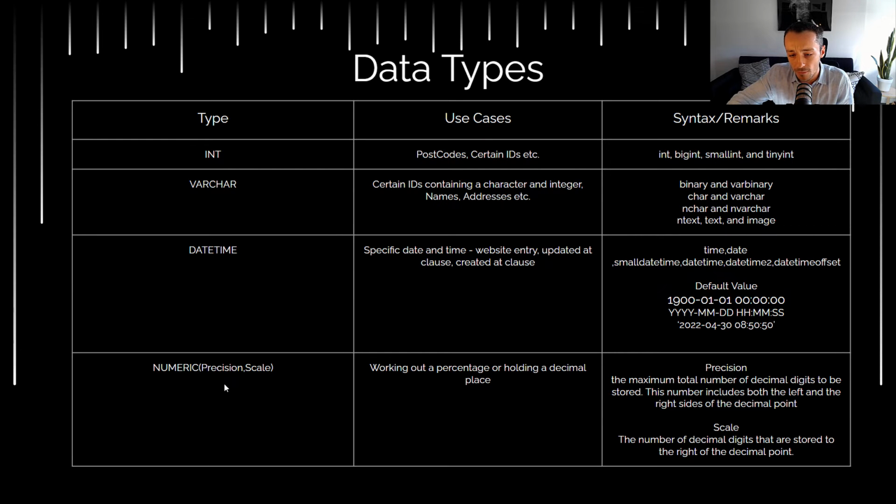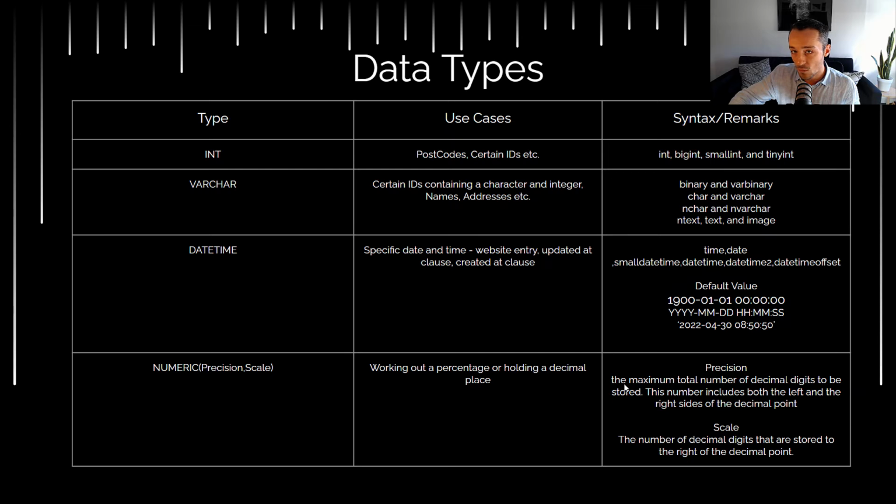I've included numeric because if we want to work out a percentage or hold a decimal value, we can use the numeric data type, or you can use the decimal data type. The choice is really up to the beholder. One of the key distinctions we need to understand, and this is something I had to wrap my head around, was the precision and scale metrics.